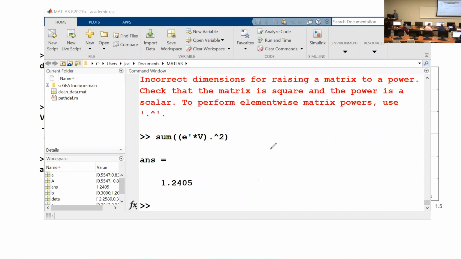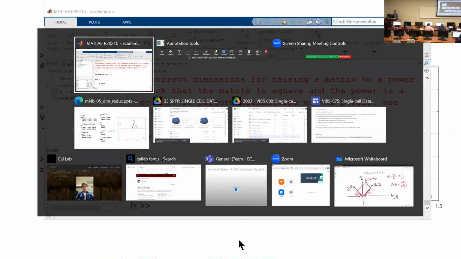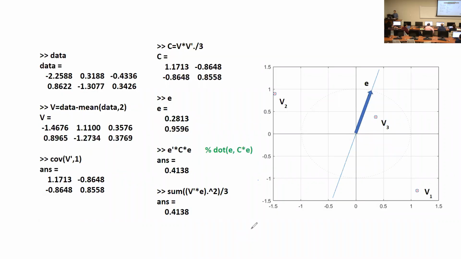Is V1 or V2 the locations? Which value? Oh, the location of V1, is it corresponding to the second set? Oh, so maybe there is some mistake here, right? It's not correct.